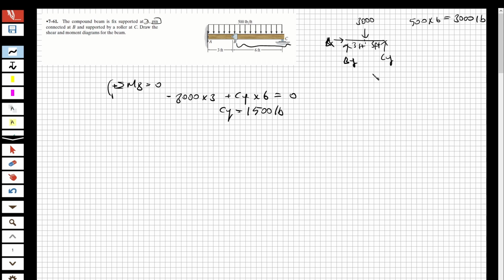I obtained CY, so let's write the total FY equation and obtain also BY. Total FY equal to 0, 3,000 minus 1,500 minus BY equal to 0, and BY equal to 1,500 pounds.